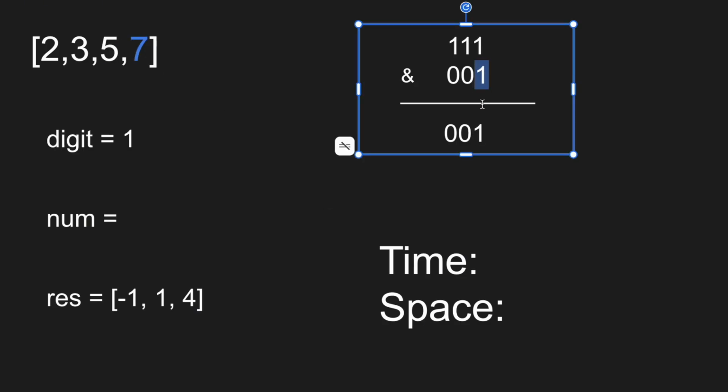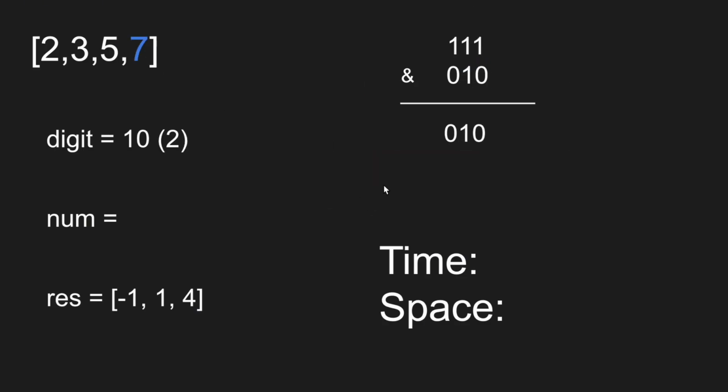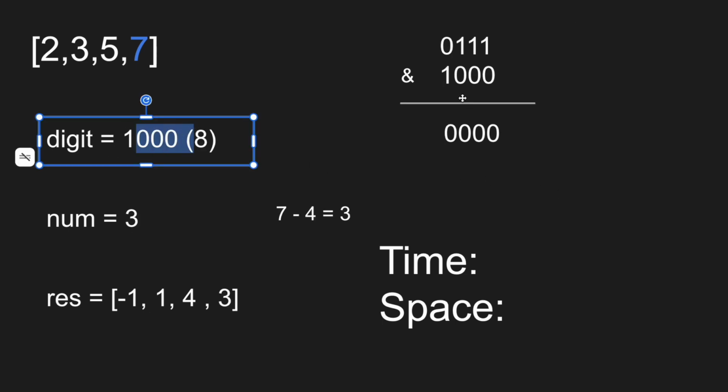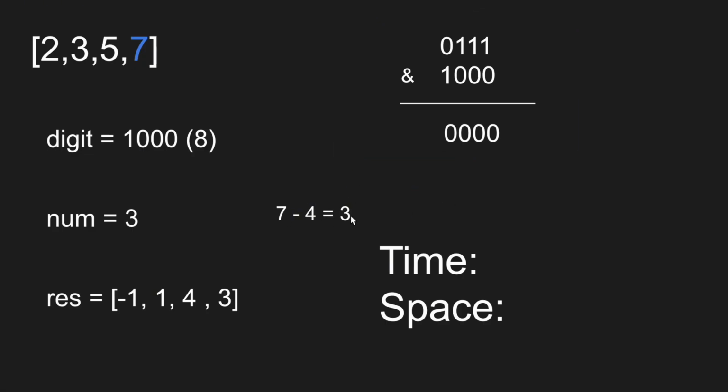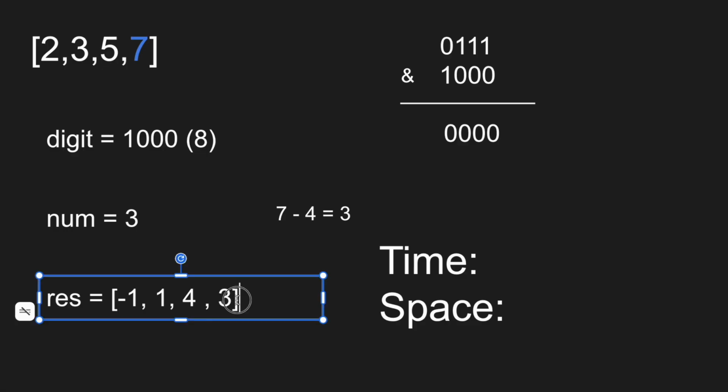When the digit is 1, it's not 0, so move on to the next power, still not 0, next power, still not 0. Now when we set it to 8, it is 0, so we take the previous digit, which is 4, and 7 minus 4 is equal to 3, so we add 3 to the resulting array, and we can return this as our result.